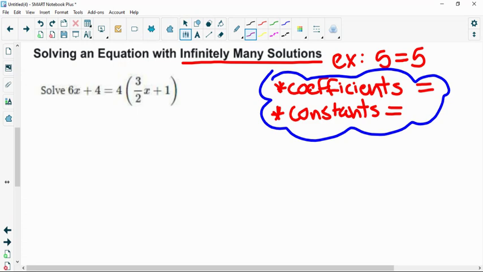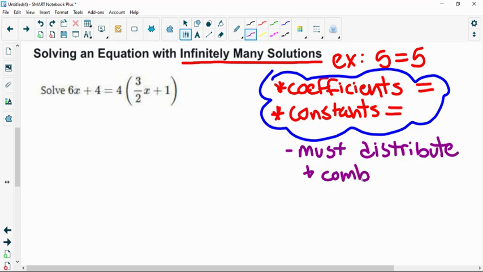Our previous example did not need this. But in order for us to actually look at that, we must distribute and combine first, before we can decide if the coefficients and the constants are the same. There's no way around that.